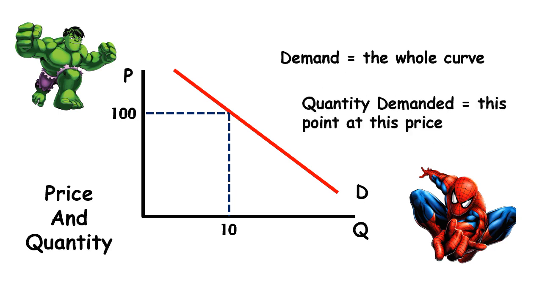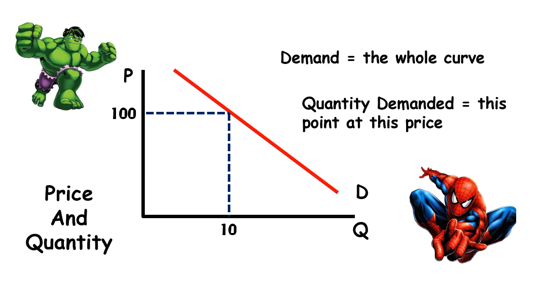We have this phrase, quantity demanded. Quantity demanded is this point at this price. So at the price of 100 on this curve, the quantity demanded is 10. Okay? At a price lower than 100 on this curve, the quantity demanded will be greater than 10.